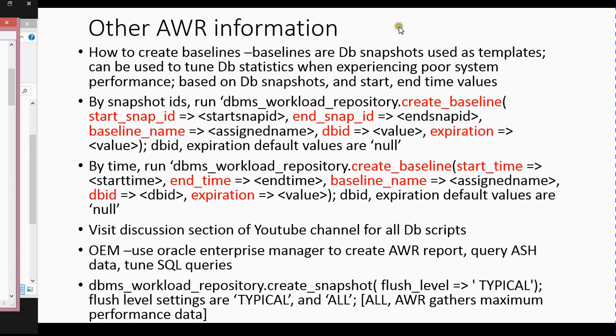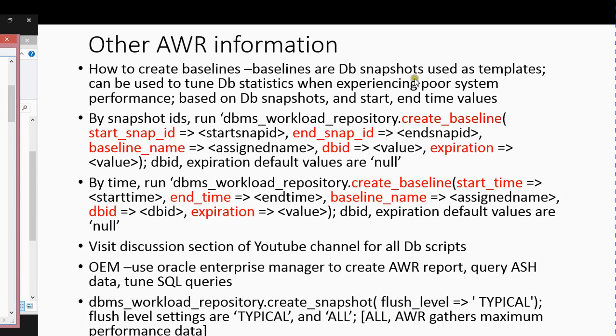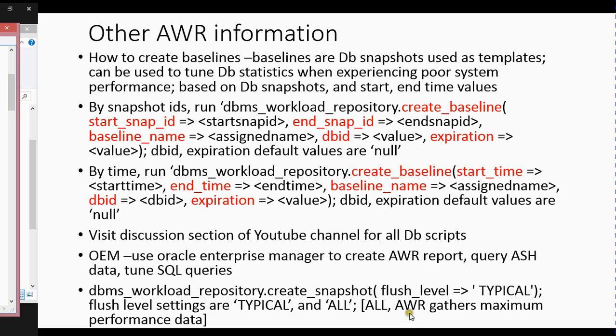But you can configure this setting. You can put in flush level and assign a value of either typical or all. What all means is that the performance data being captured is going to be the maximum performance data captured before a flush occurs.